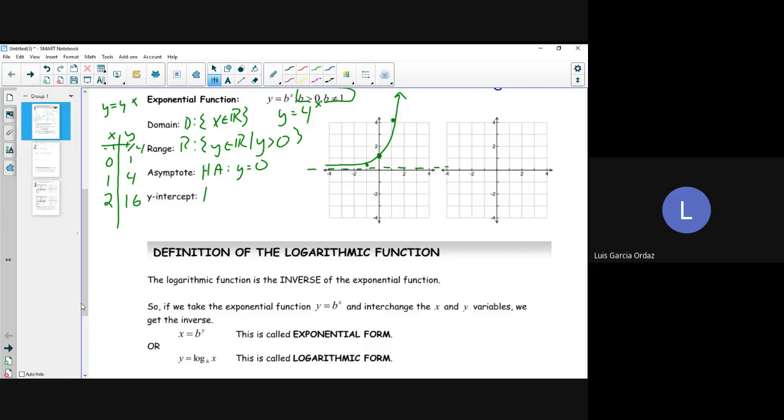Okay? Now let's take a different example. Let's look at the graph y is equal to 4 to the negative x. Without making a table of values, how would y is equal to 4 to the negative x look in comparison to y is equal to 4 to the x?